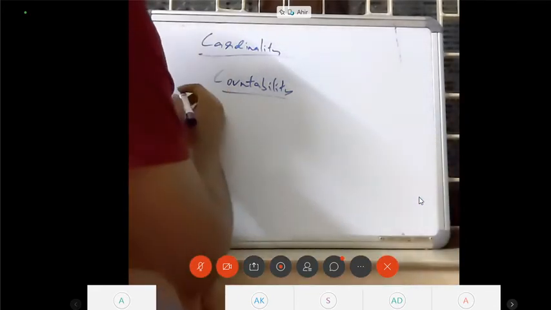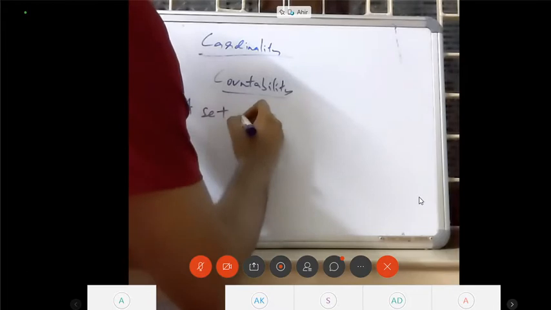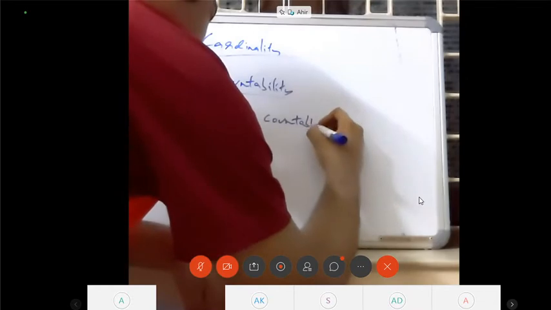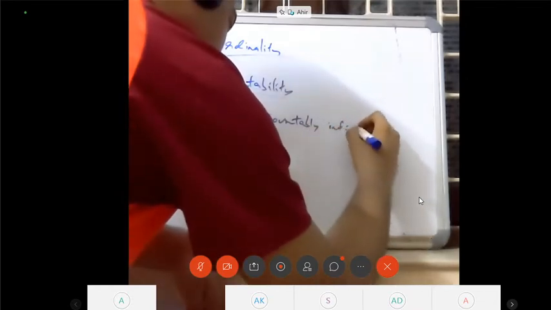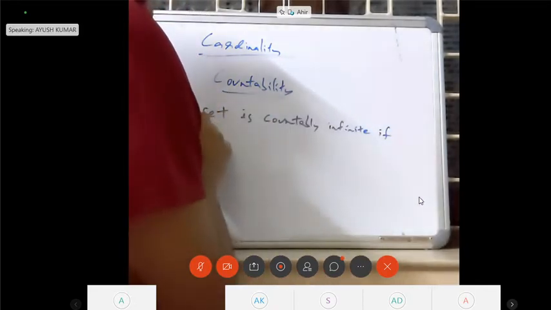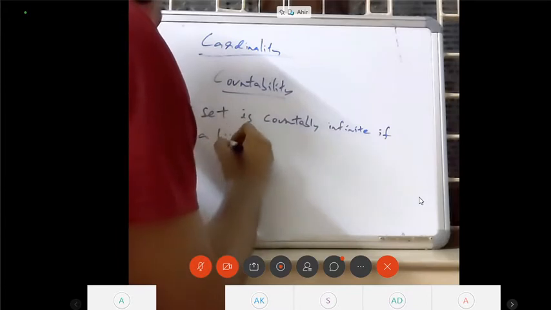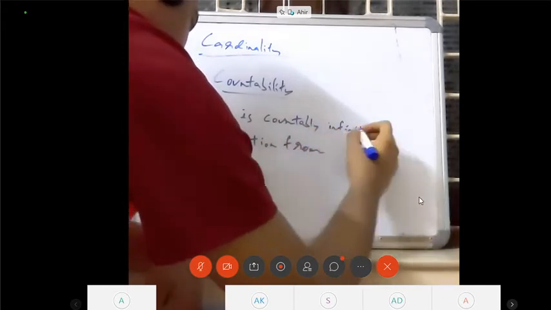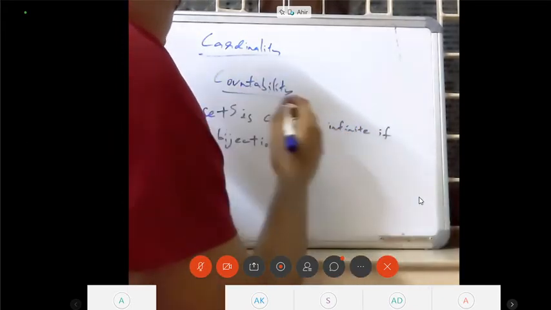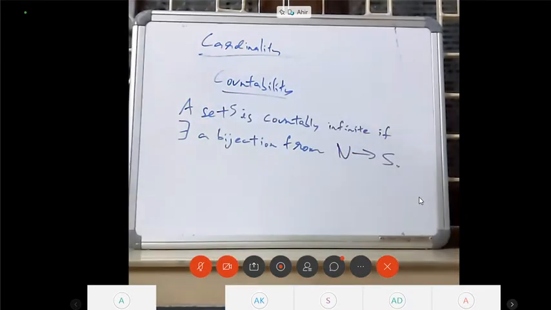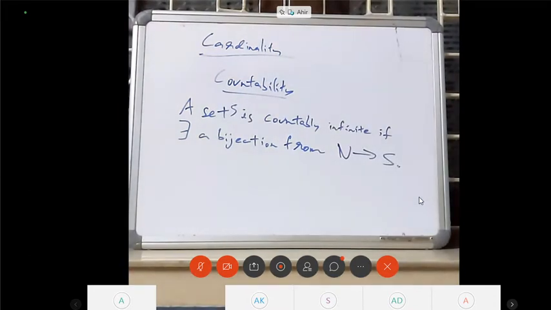So we say that a set S is countably infinite if there exists a bijection from N to S. So a set S is countably infinite if there exists a bijection from the set of natural numbers to S.